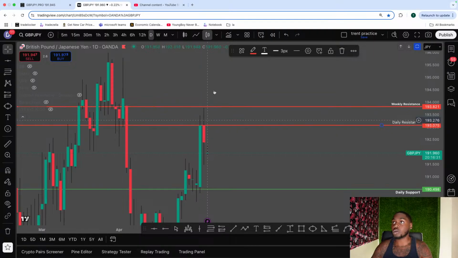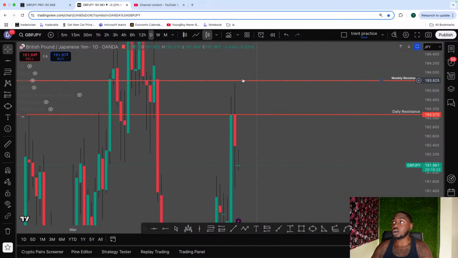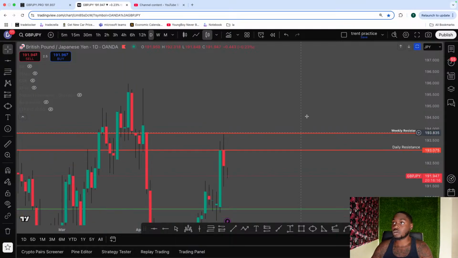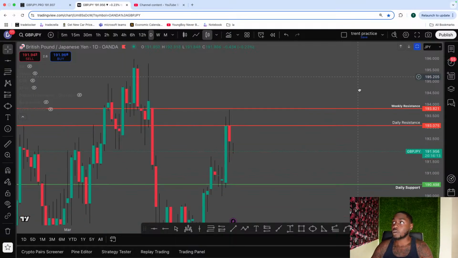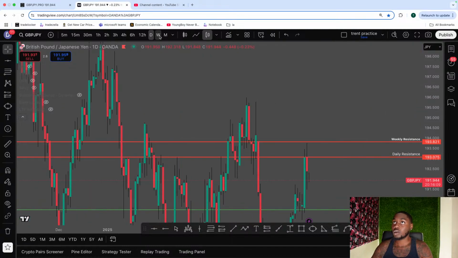But we know that price is kind of heading towards this weekly resistance level as well, which could also be a daily resistance. But anyway, from here, we have another daily resistance up here at this level.